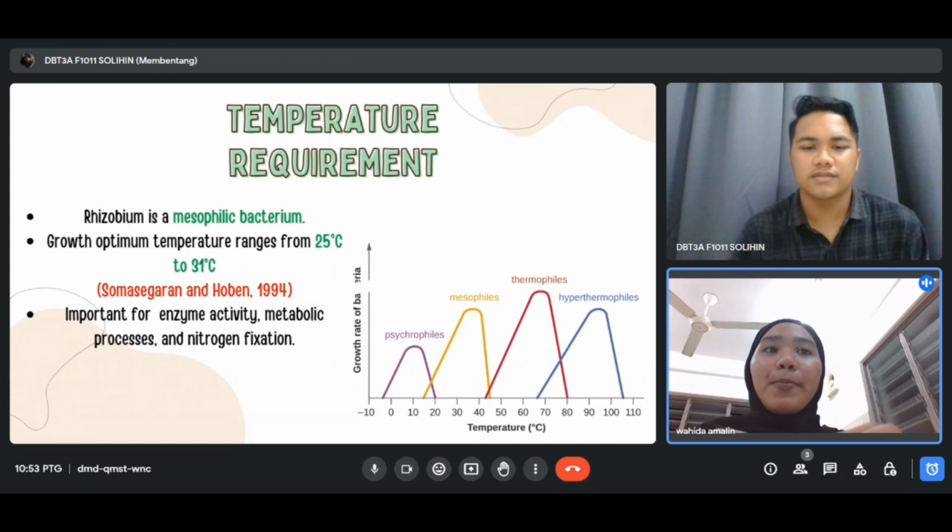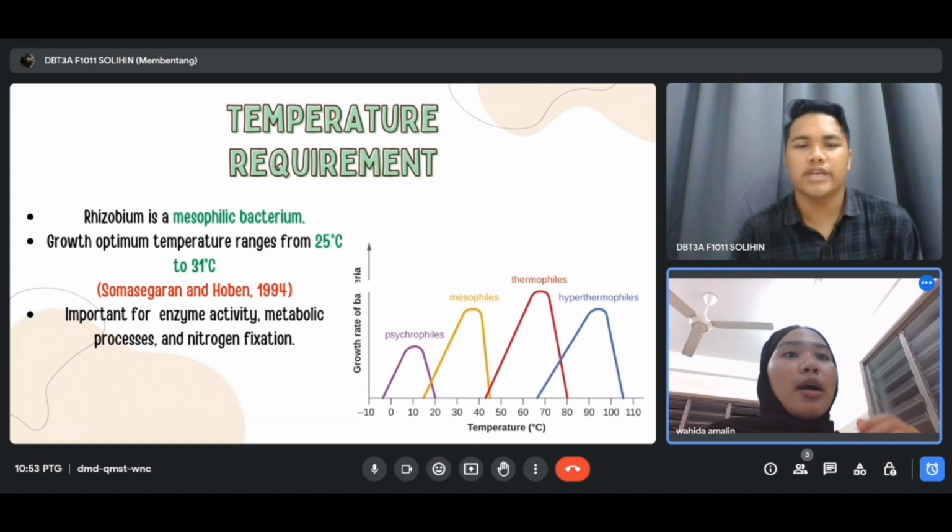This temperature requirement is important for enzyme activity, metabolic processes, and nitrogen fixation that I already mentioned before. In nitrogen fixation, this bacterium converts nitrogen gas to ammonia, then nitrate. Next slide.